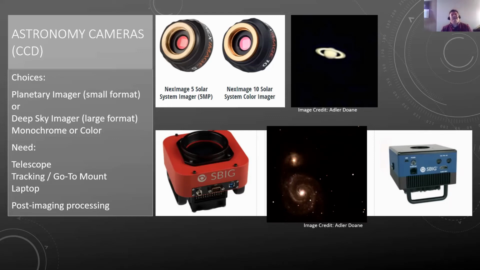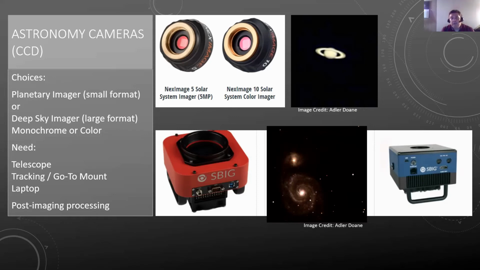But back to planetary imagers. These planetary imagers are kind of like the webcams we have now. They're hopefully using a CCD chip as opposed to a CMOS chip, which gives higher quality, but specifically the size of the chip works with the size of a planet.